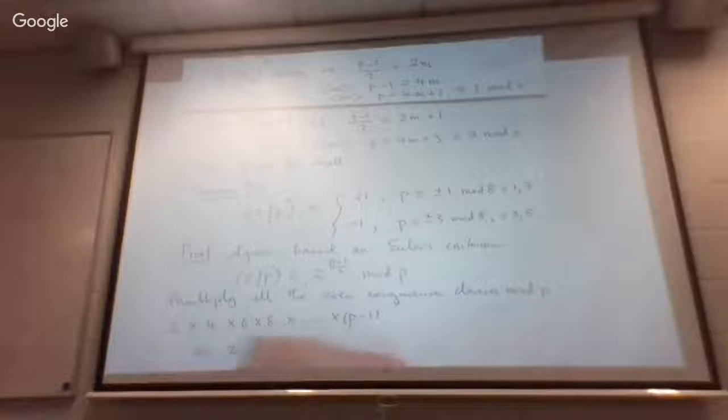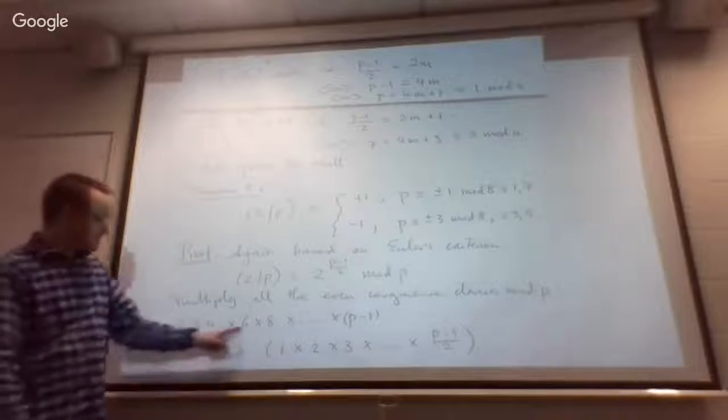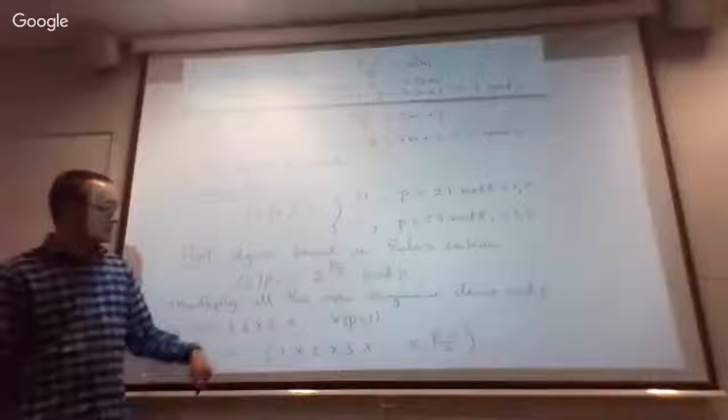I'm going to put in an exponent on 2 there, and the bracket multiplies 1 by 2 by 3, all the way up to (p-1)/2. How many factors of 2 have I taken out? It's 1, 2, 3, up to (p-1)/2.